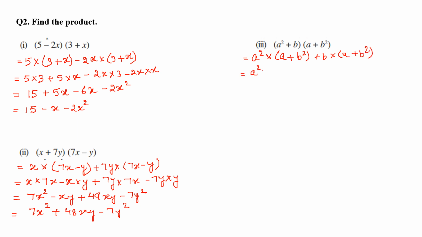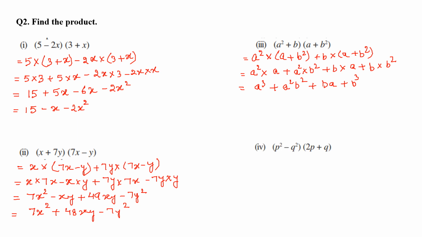Now a square multiply by a plus a square into b square plus b into a plus b into b square. So a square into a will give a cube plus a square b square. B into a is ba plus b into b square will give b cube. So this is the product of the third question.